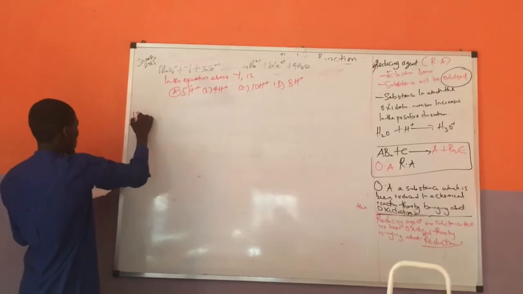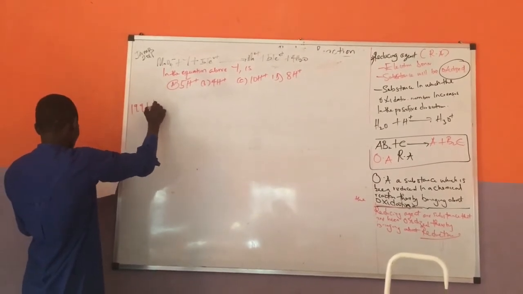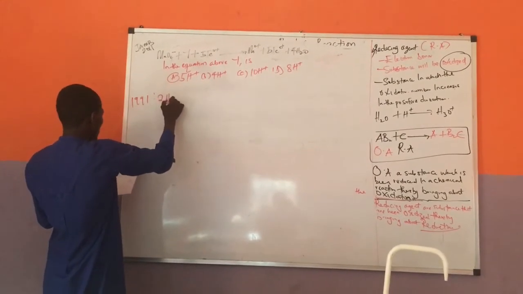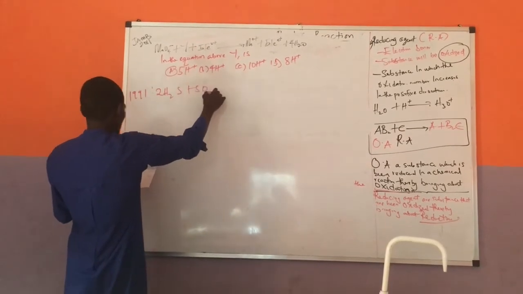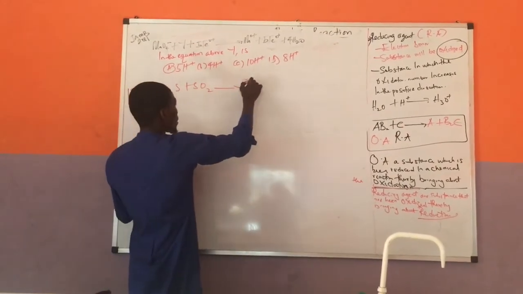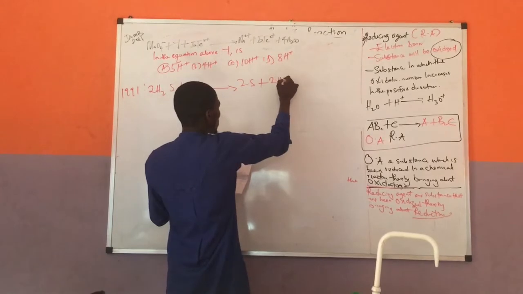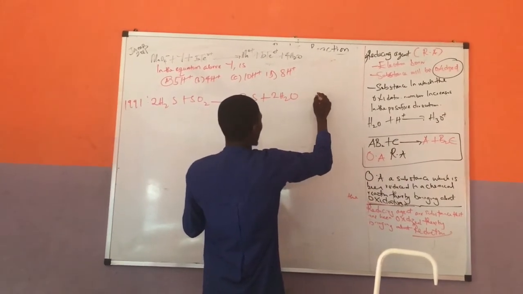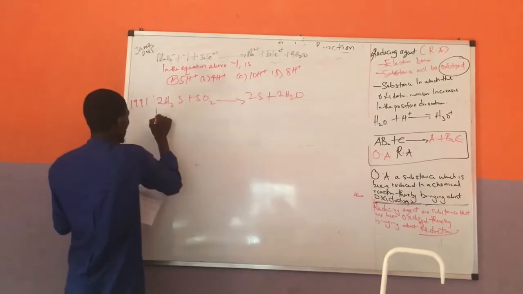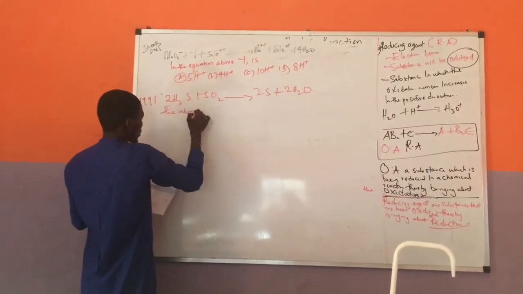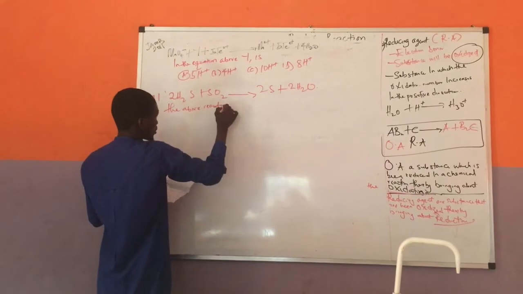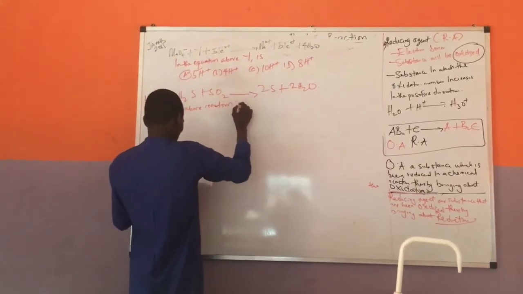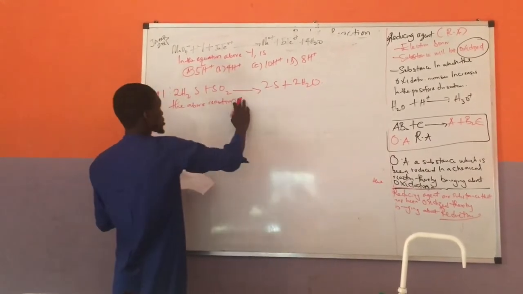This is 1991. 2H2S plus SO2 gives 2S plus 2H2O. The above reaction is what?